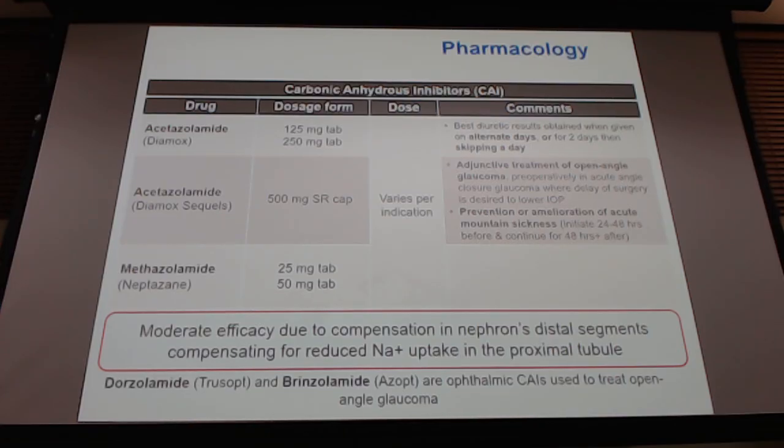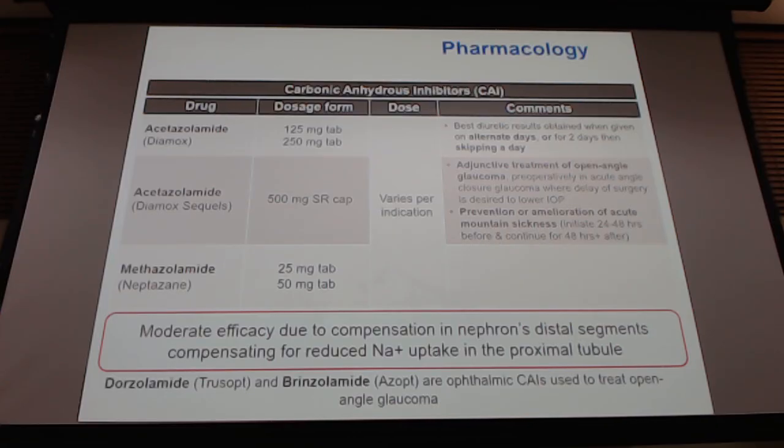For the different formulations of acetazolamide, the Diamox, it's used for adjunctive treatment of open-angle glaucoma, preoperatively in acute angle closure glaucoma, and it's used to lower intraocular pressure or IOP. It's also used for the prevention or amelioration of acute mountain sickness, like we discussed earlier.